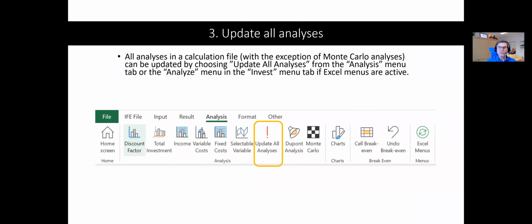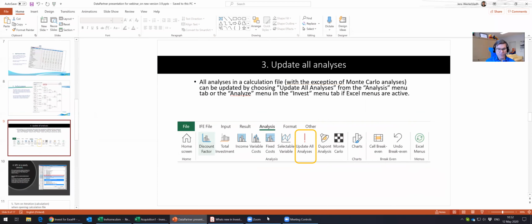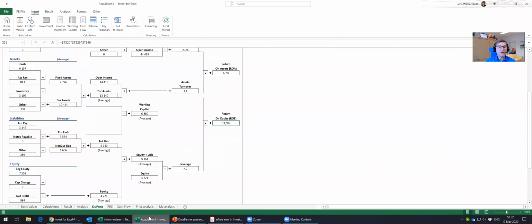New feature called Update All Analyses, and that's really a simple thing. So I'll go back to my Excel file, and there are different analyses for discount rate, for investment amount, for income, for variable costs, for fixed cost, and so on.